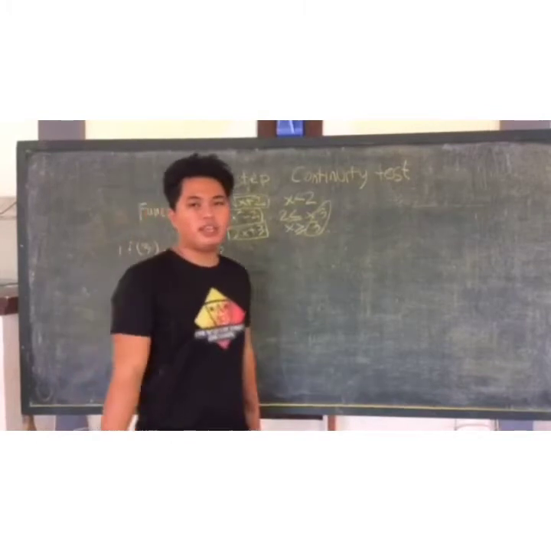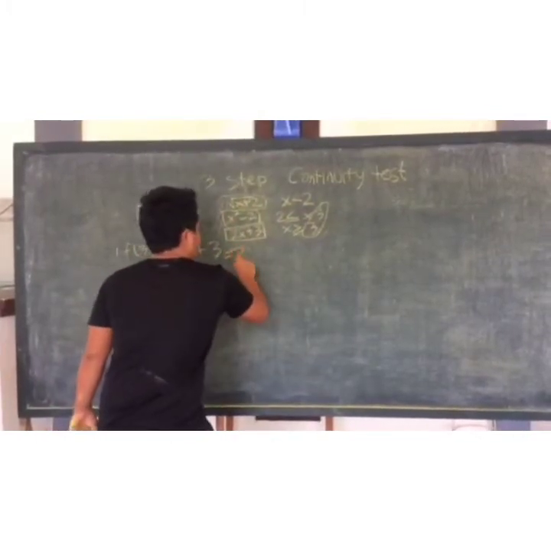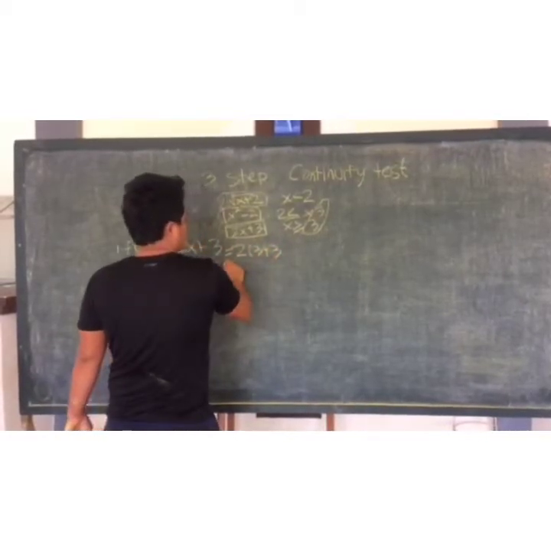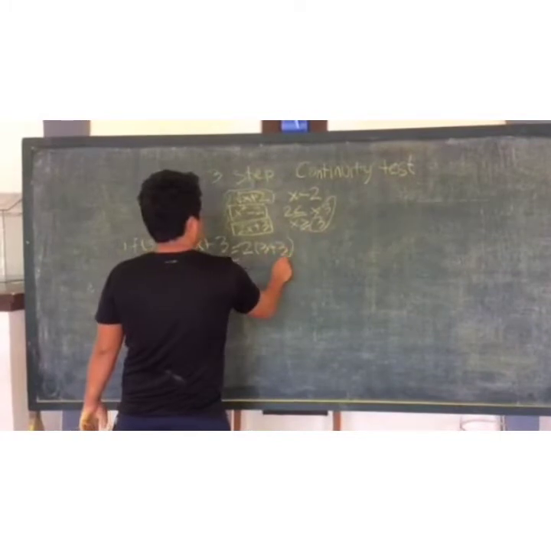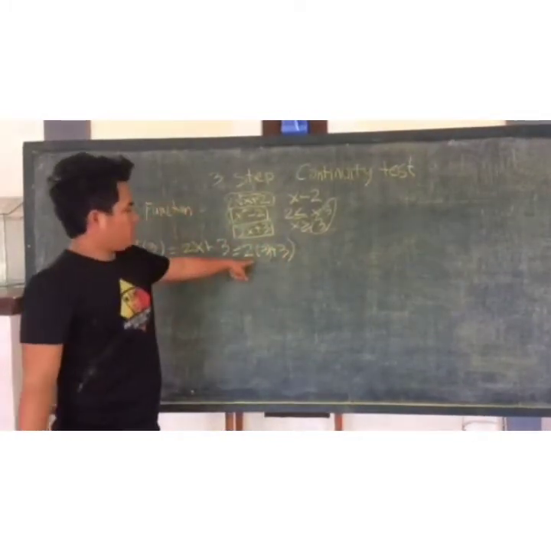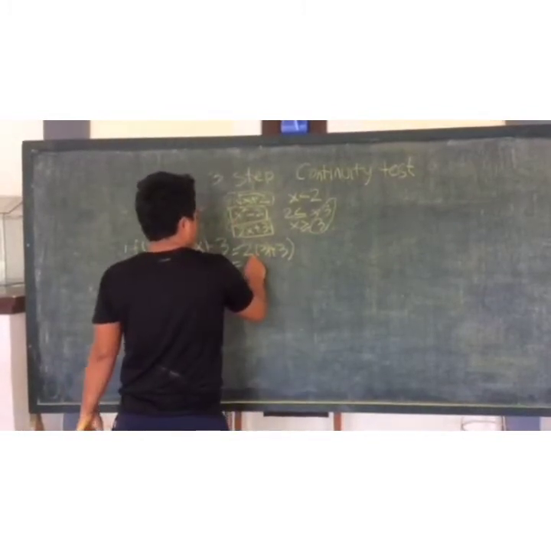Substituting the value of 3, 2 times 3 is 6, plus 3 is 9.